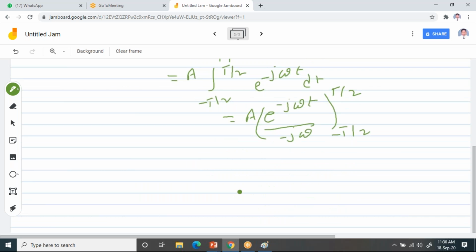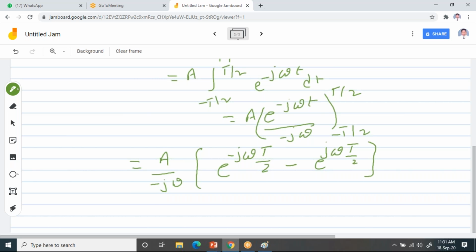In the place of small t, you need to apply the upper and lower limits. When you apply it, I'm going to take minus j omega outside. Then I can write it as e power minus j omega, in the place of small t, T by 2, minus e power, if you apply small t as minus T by 2, then it becomes e power j omega T by 2.